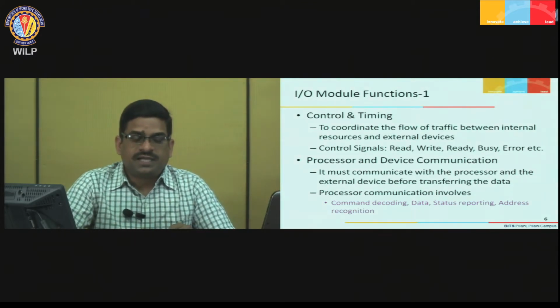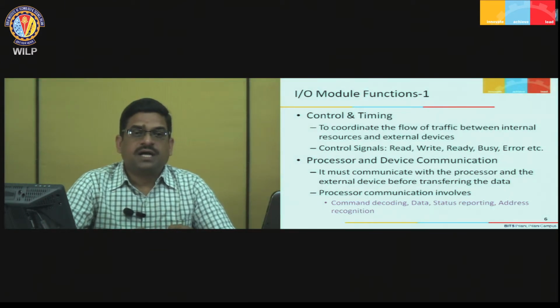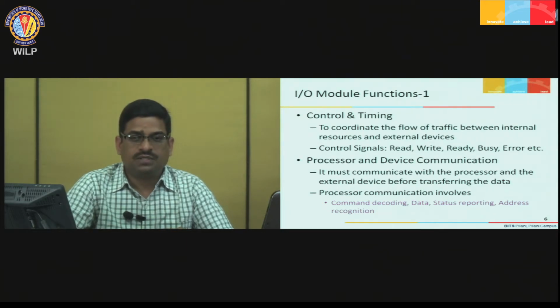The status of the device can also be read by the processor through this interface circuit. And the address recognition, that is the most important part. The processor places the address on the address bus, and that address has to be recognized by this module. After recognizing, it will contact that device and get the operation done.